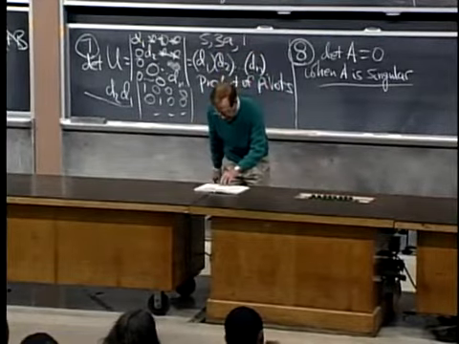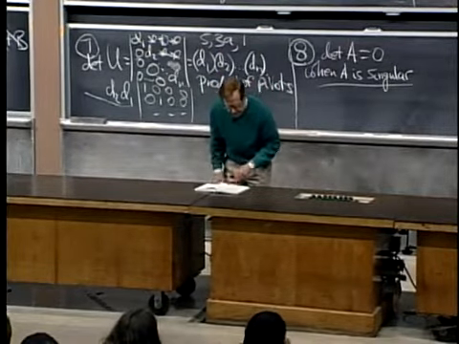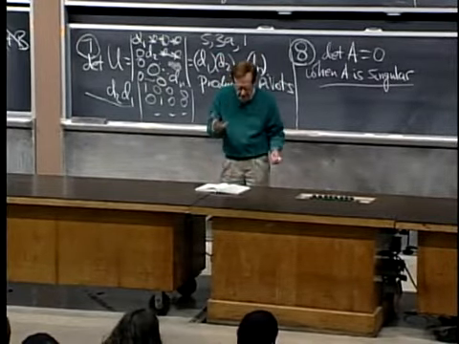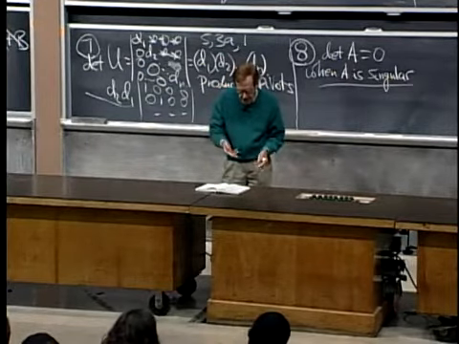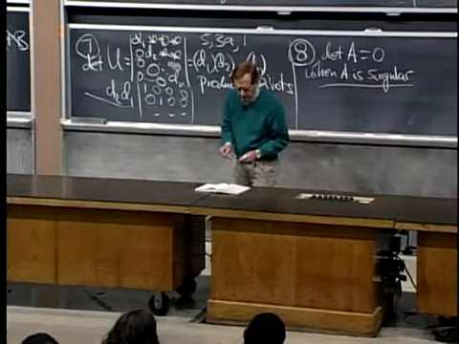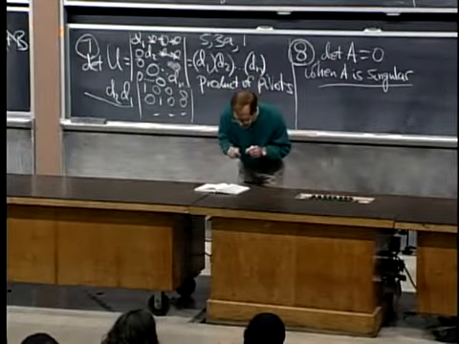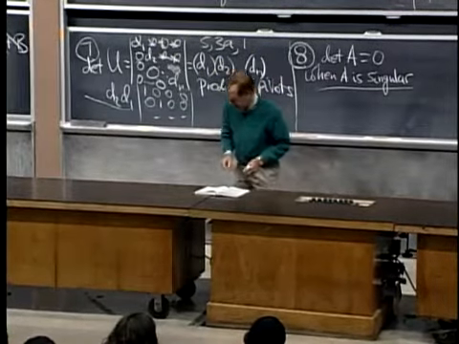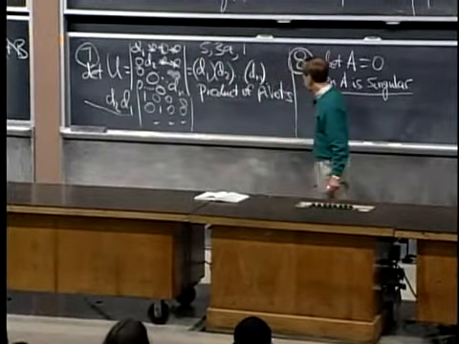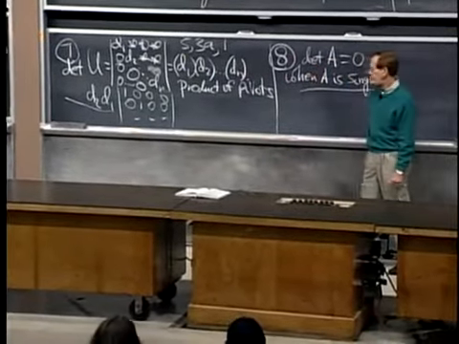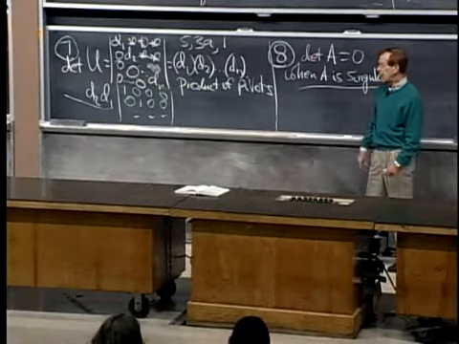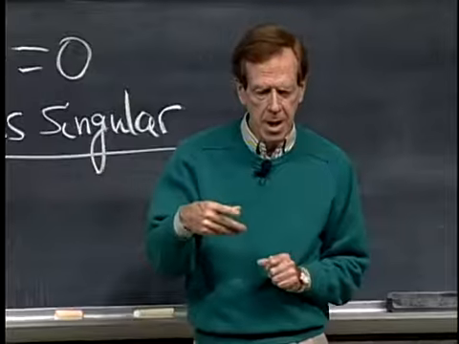Did I have anything to say? The proof starts by saying, by elimination, go from A to U. Actually, looks to me like I haven't said anything brand new here. Let's just remember the reasoning.